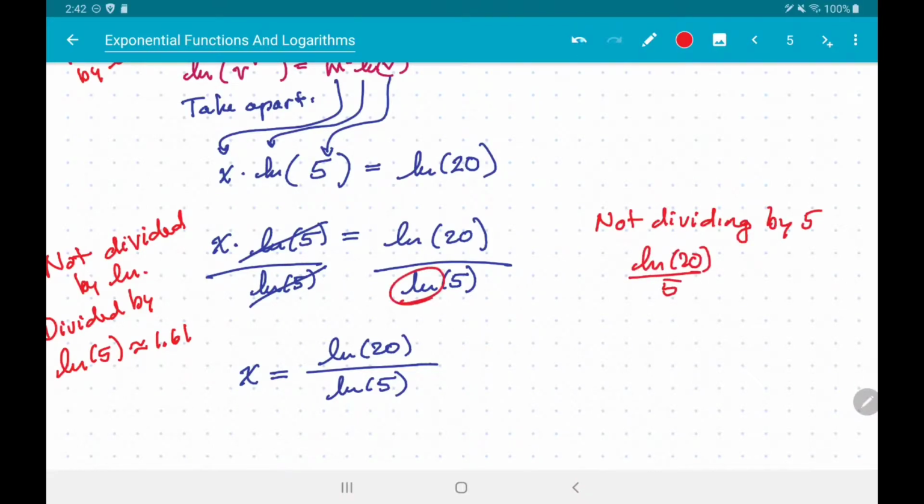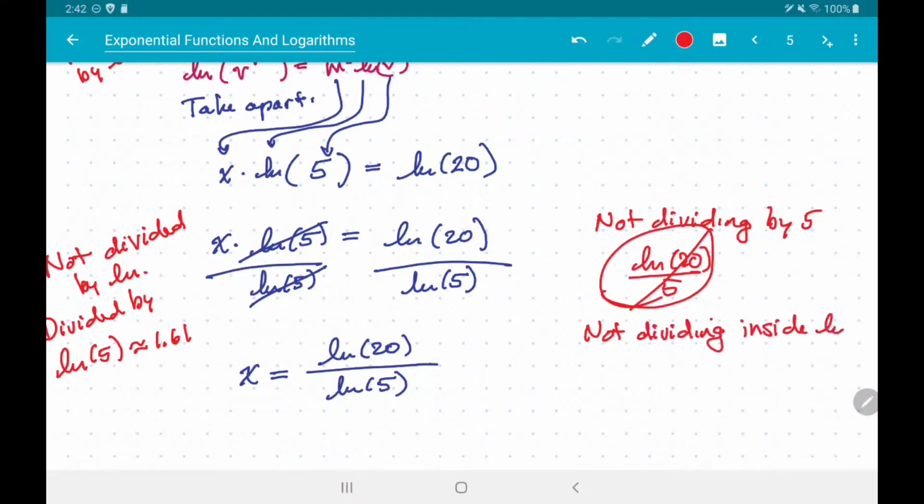There's an ln there. We are also not dividing inside ln of 20. So sometimes I will see students in this situation make a mistake like this and try to stick the division by 5 up inside the logarithm. That's not what you want to do.